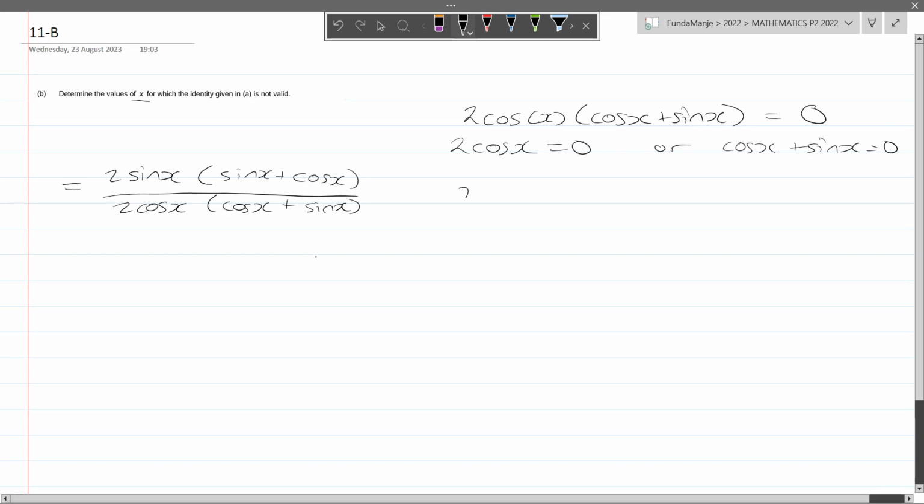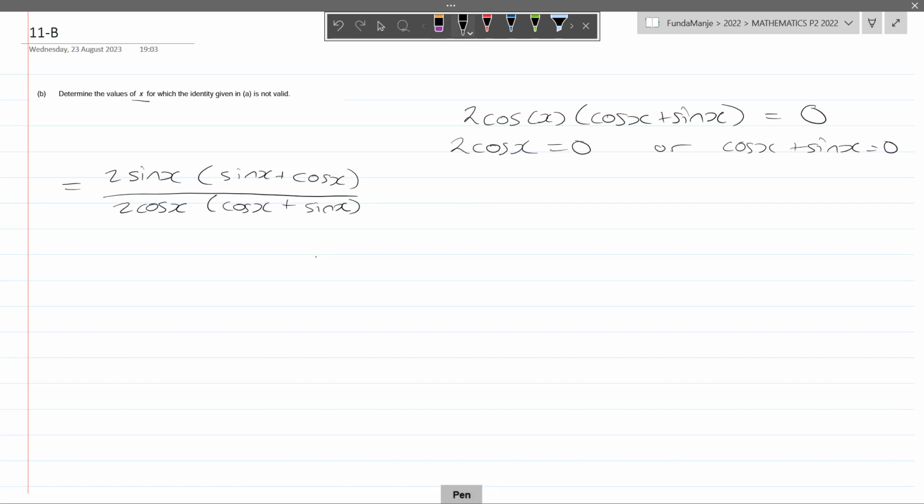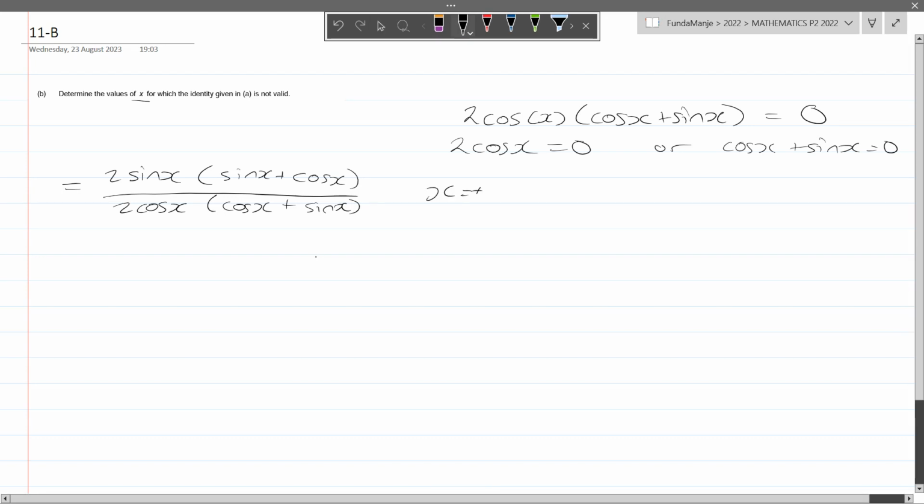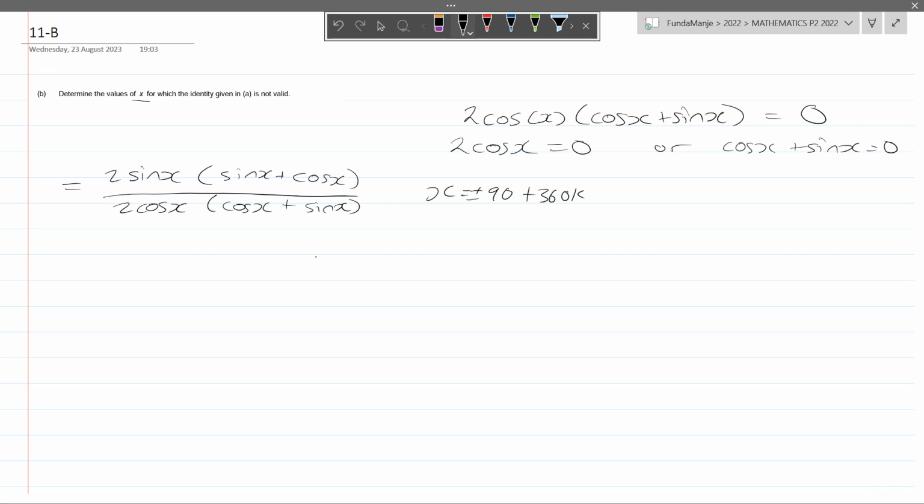So for this one, x here will be equal to plus minus 90 degrees plus 360k. And for this second part, if we take sine x to the other side, we would have something like sine x is equal to minus cos x.